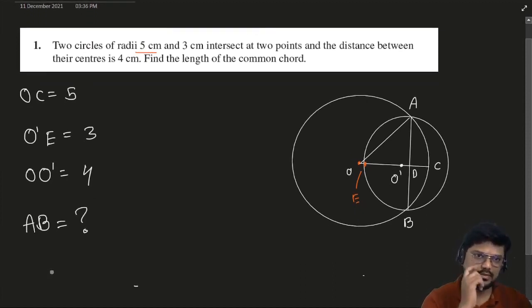To find the value of AB, we know OC, we know O dash E, and we know OO dash, right?